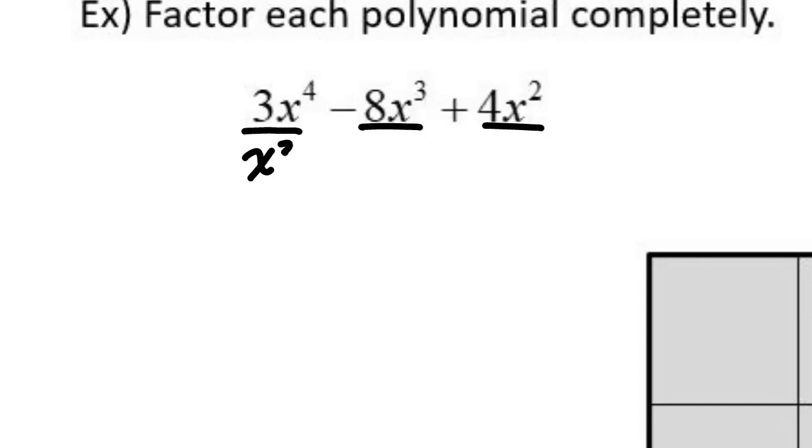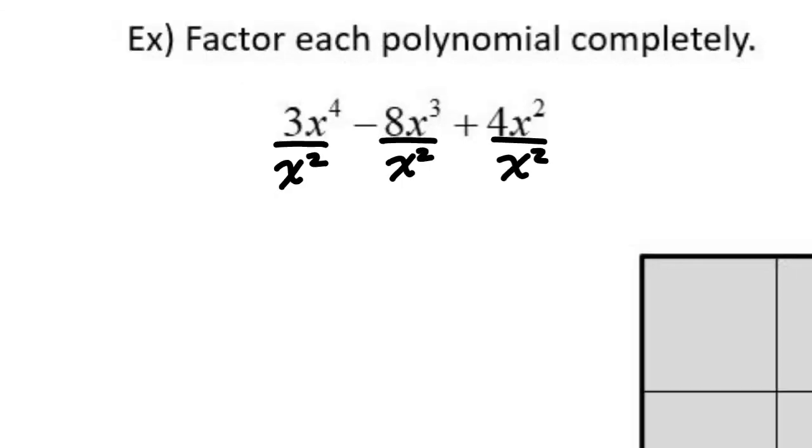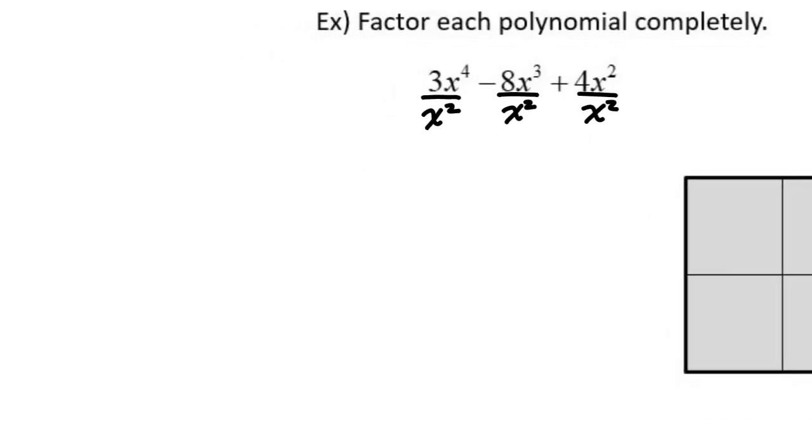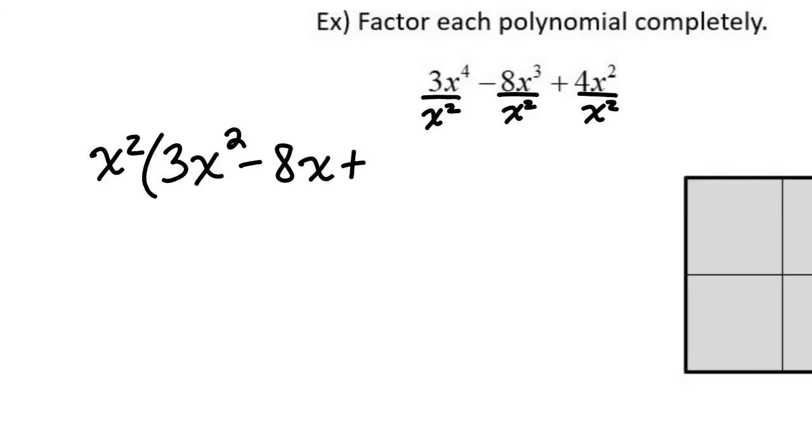So I could divide by an x squared. So in this example, the GCF is an x squared. That's going to be 3x to the what power? Second, minus 8x plus 4.